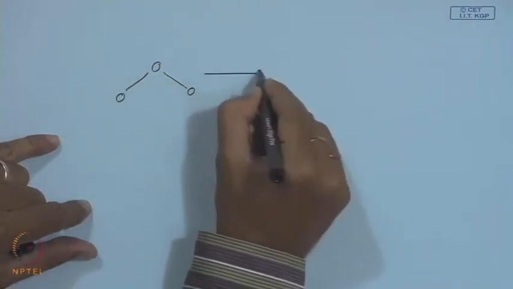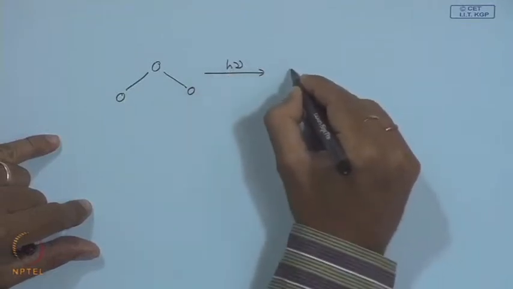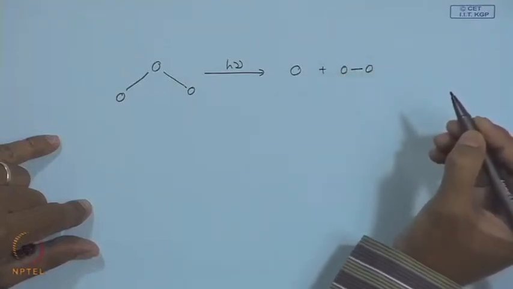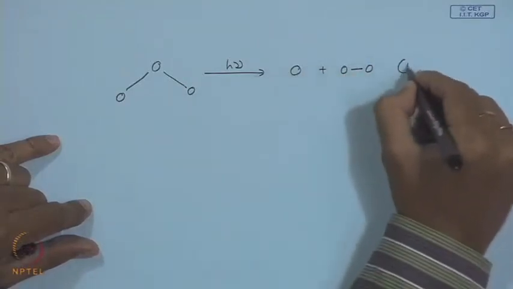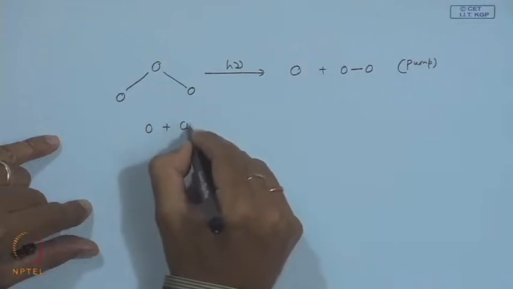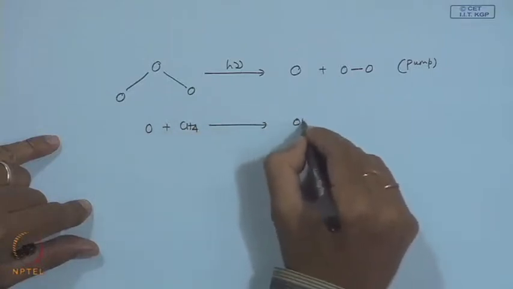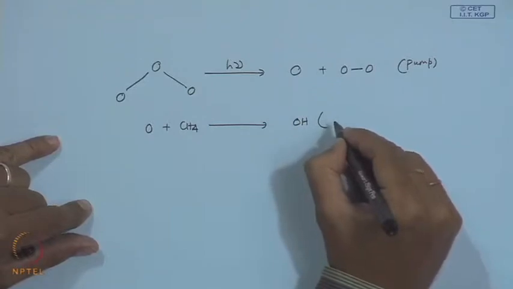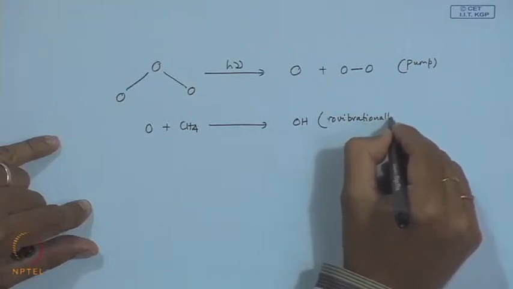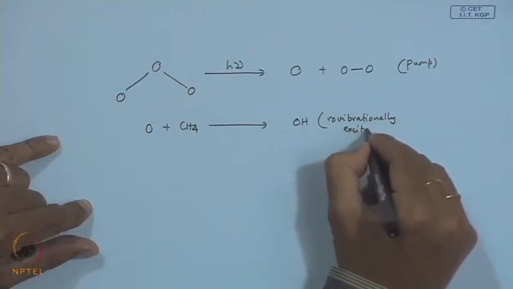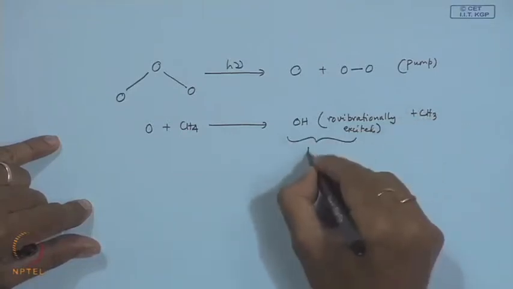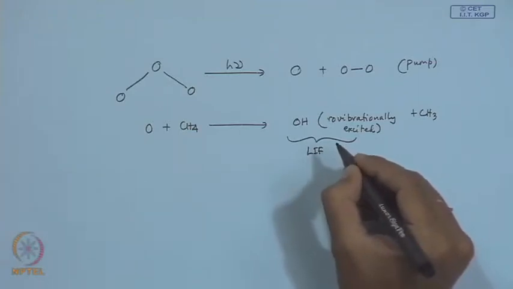With h nu you generate O and O2, and this is your pump. Then O plus CH4 gives rise to OH, rovibrationally excited, plus CH3. So, you use LIF for this, laser induced fluorescence.